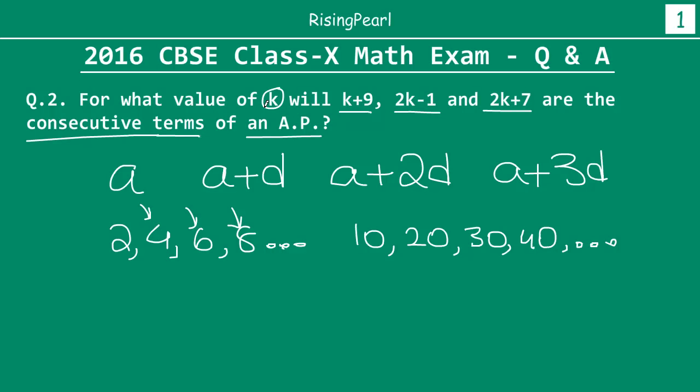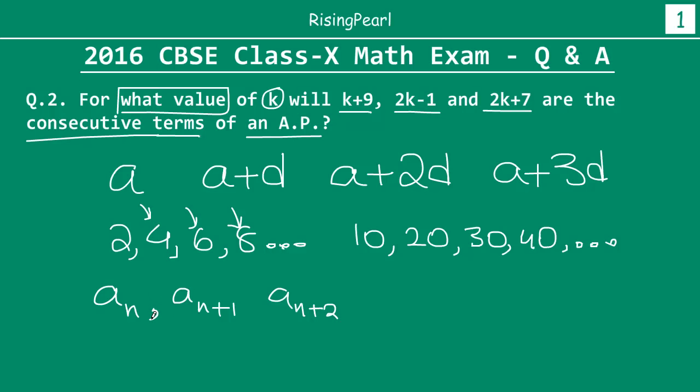So for what value of k are these consecutive terms of an AP? Now what we can say is, if I have consecutive terms, and it does not matter which terms they are, let's write 3 consecutive terms. Let's say a n, then a n plus 1, and a n plus 2.